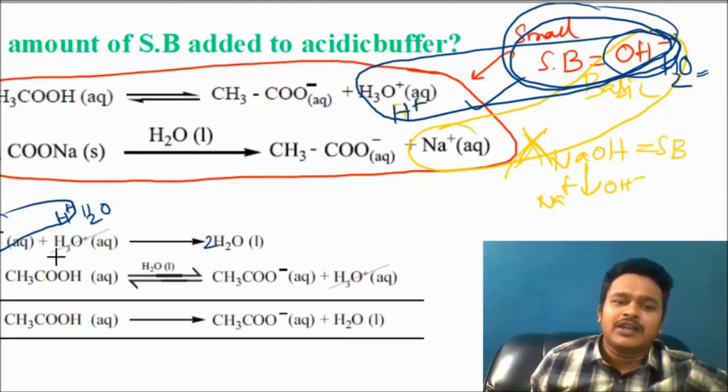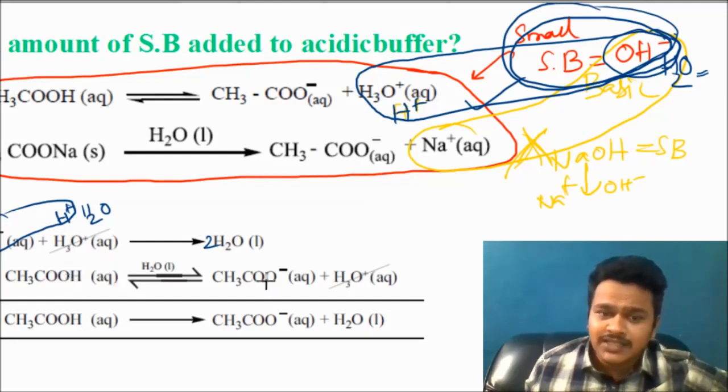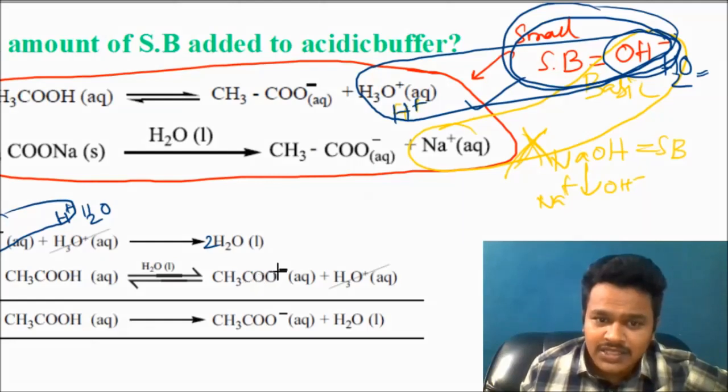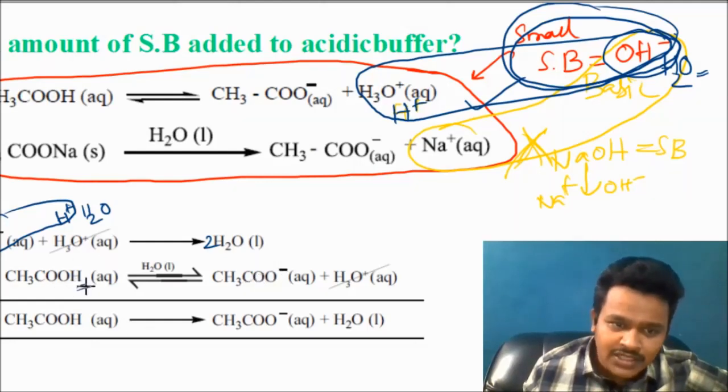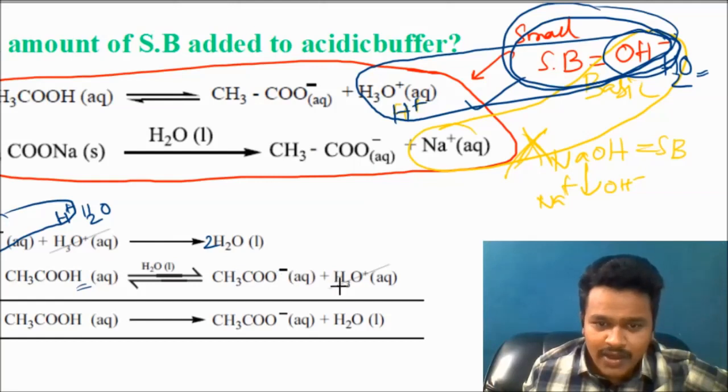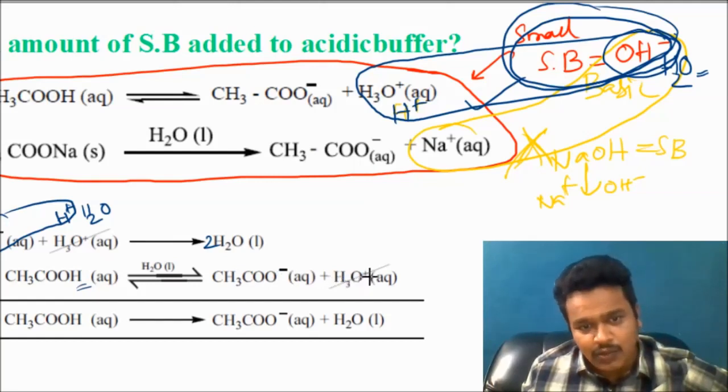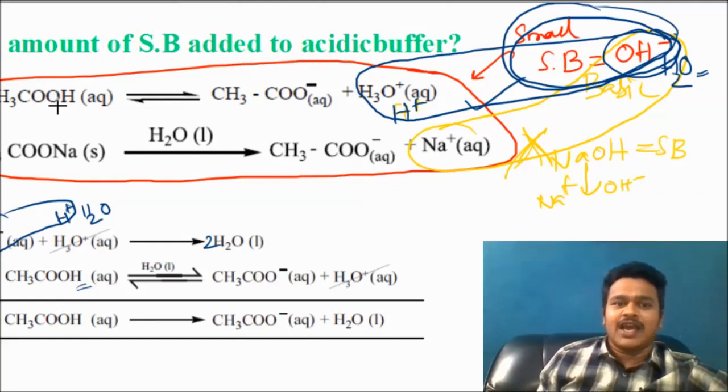And here you see this CH3COOH, a weak acid, is converting into CH3COO minus and H3O plus.